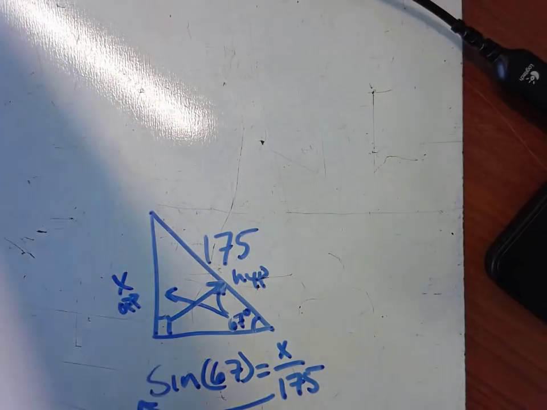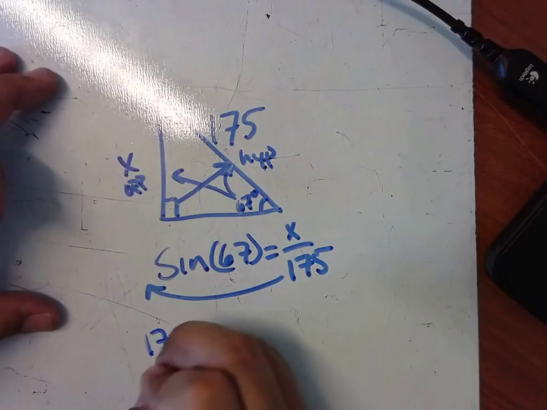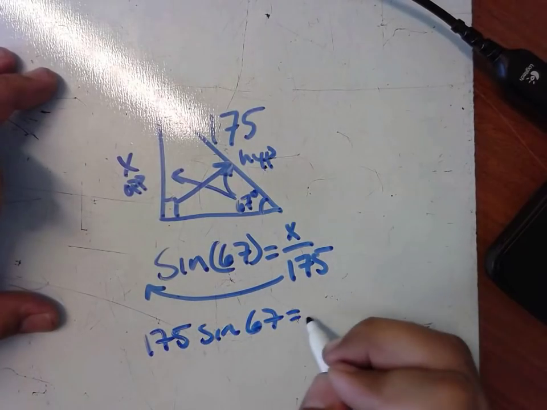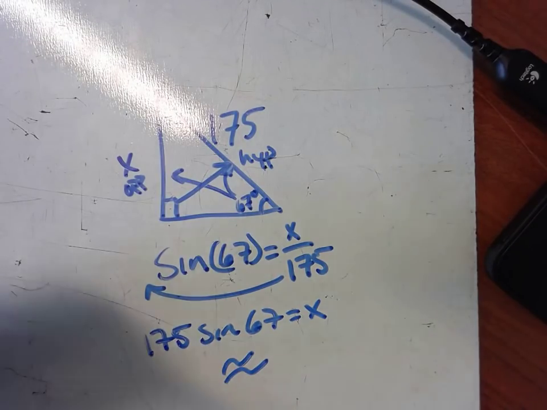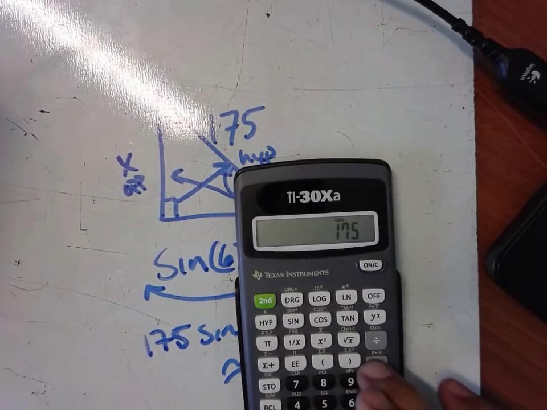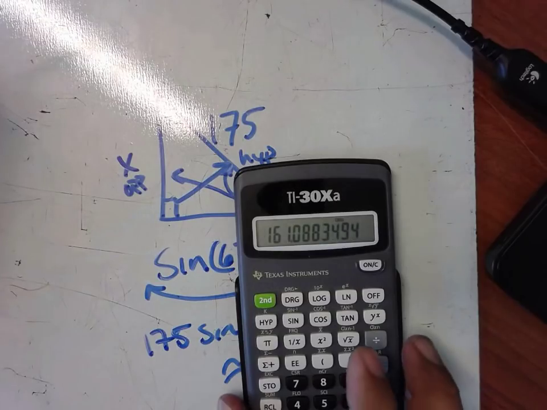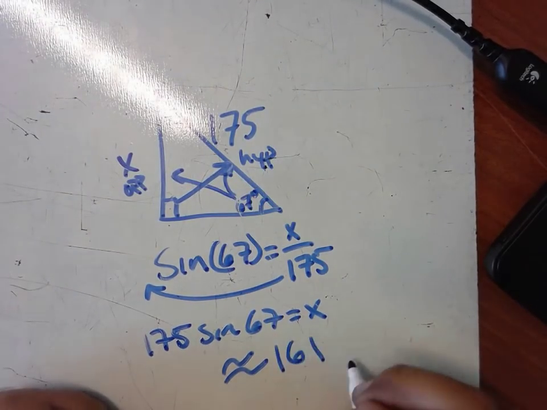Multiply out front. 175 times the sine of 67 is going to be x, which is approximately 175 times sine 67 equals 161.1.